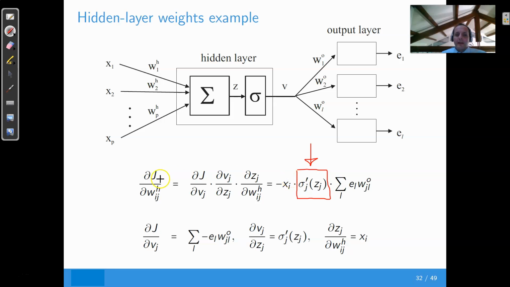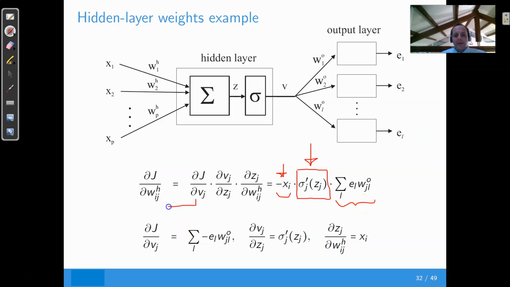Of course, the derivative depends on the input, so there are different factors: the input, the derivative of the activation function, and then a contribution of the error from the previous neurons and the weights of the output layer.